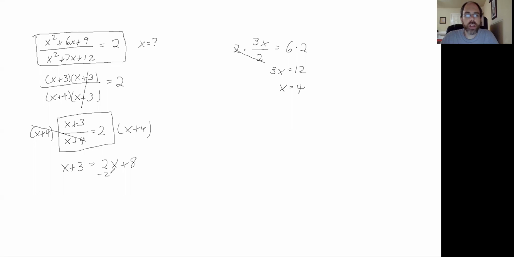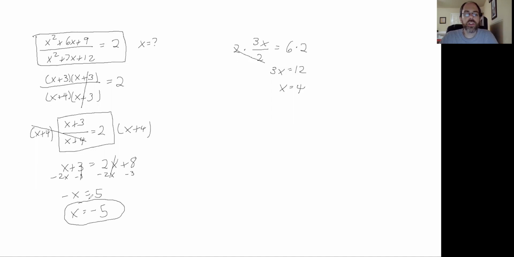So I will subtract this 2x, but I must do that from over here as well. And I will subtract this 3 and subtract it from here as well. So 1x minus 2x is negative x. These will cancel, and of course these will cancel as well. And 8 minus 3 is positive 5. So the opposite of x is 5. That of course tells me x must be negative 5.